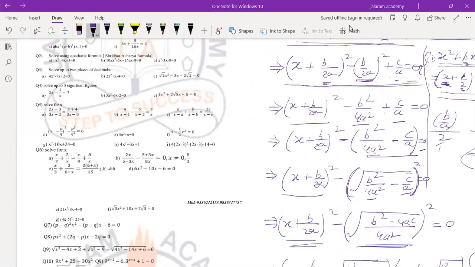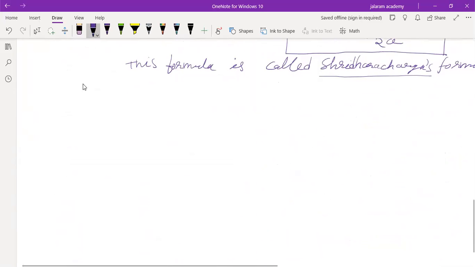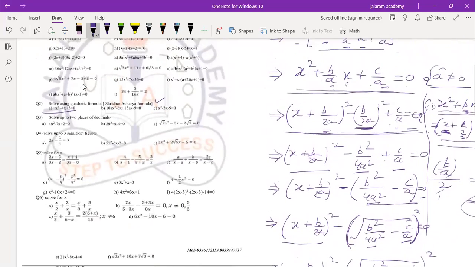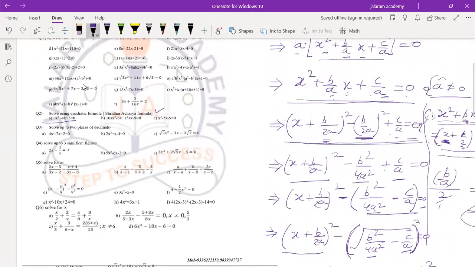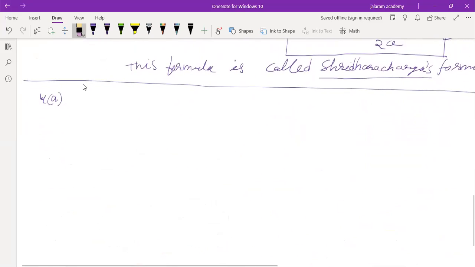Now we will discuss how to solve question number 2 using this formula. 2a, x square minus 4x plus 3 equals 0.